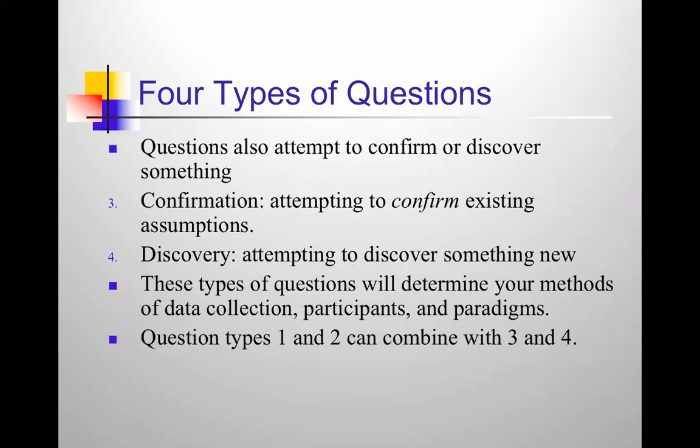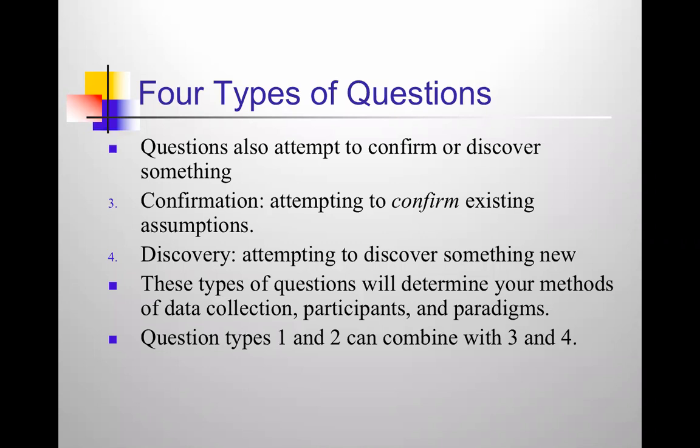Questions can attempt to confirm or also discover something. Confirmation questions might attempt to confirm existing assumptions that people kind of know about, but just haven't confirmed as of yet. And then discovery attempts to discover something completely new.